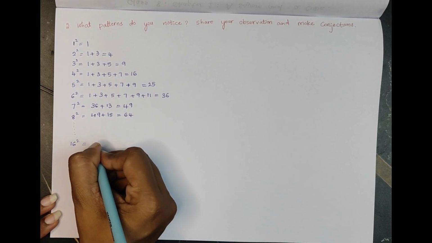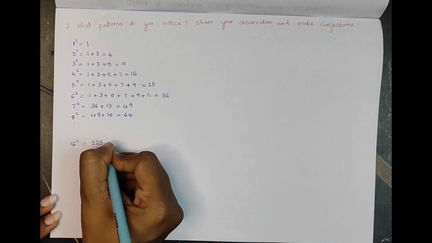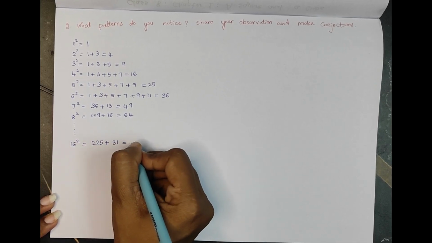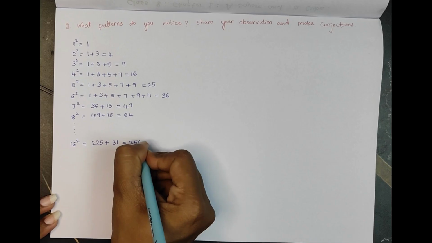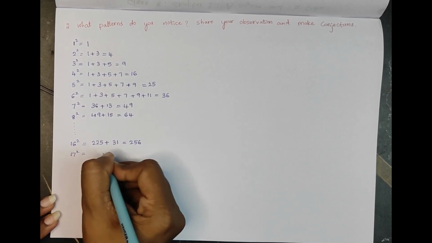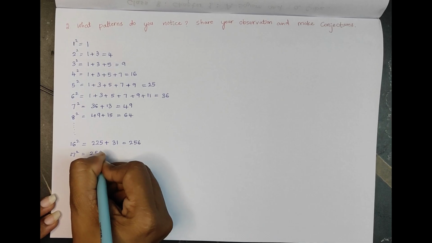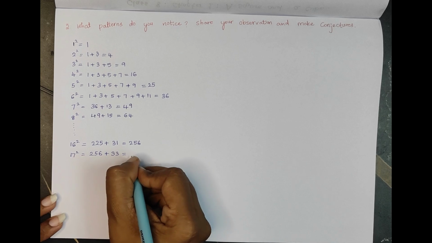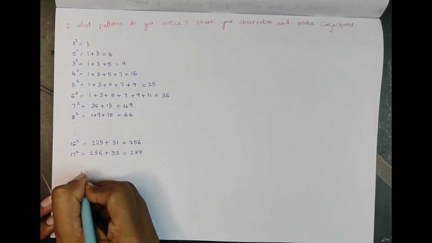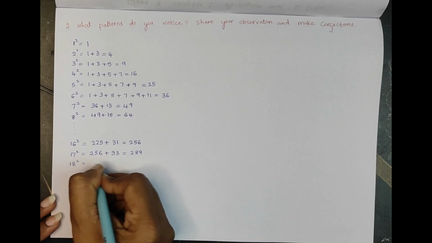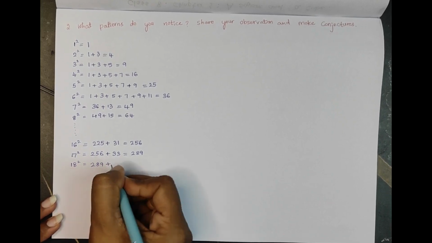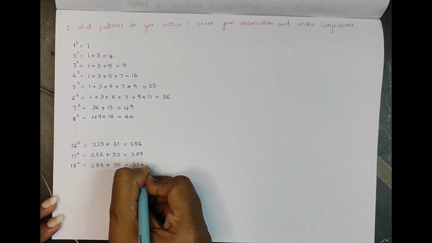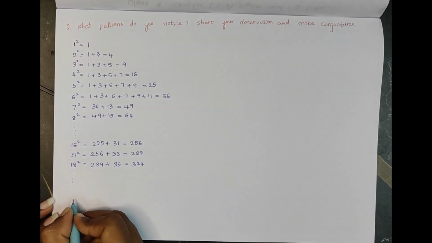For 15 square we have 225, so we should add 31, which will be 256. 17 square similarly, we'll take 256 plus 33, the next odd number. So if we add, we'll get 289. 18 square will be 289 plus 35. We will get 324.